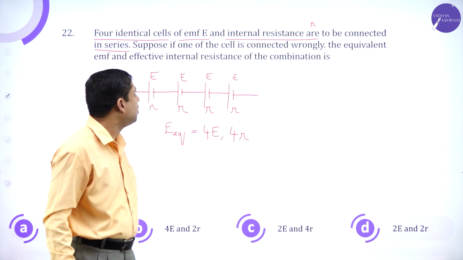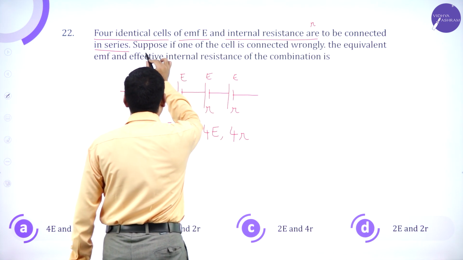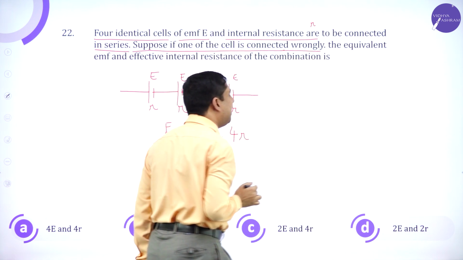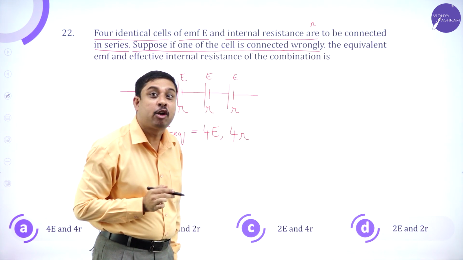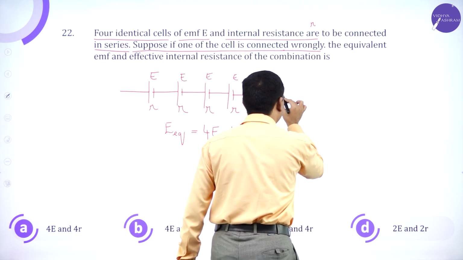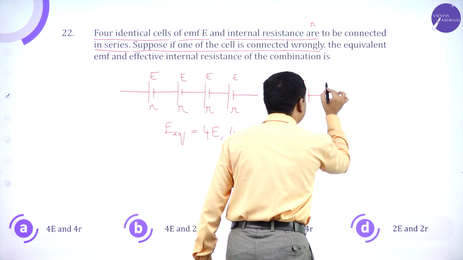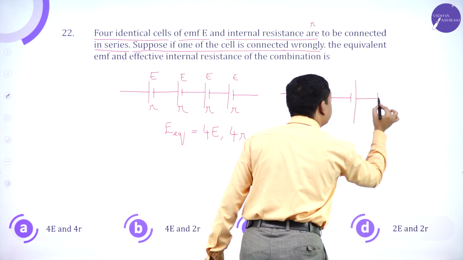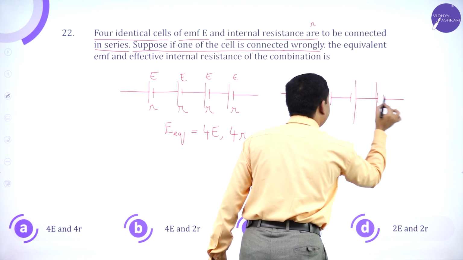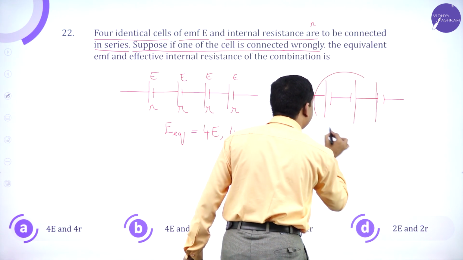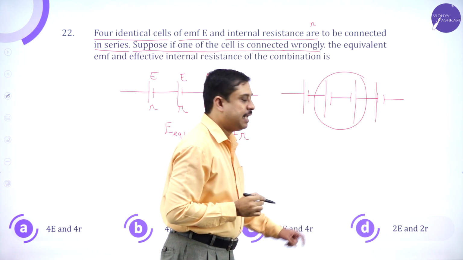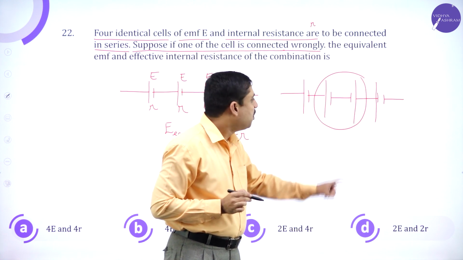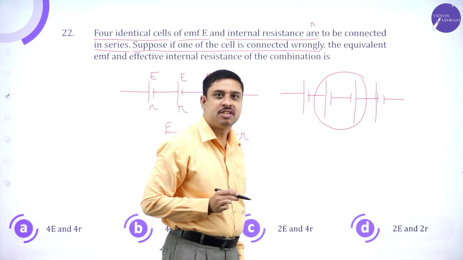Now what does the problem say? Suppose if one of this cell is connected wrongly, if you observe here, the cell is connected wrongly, polarity has changed.